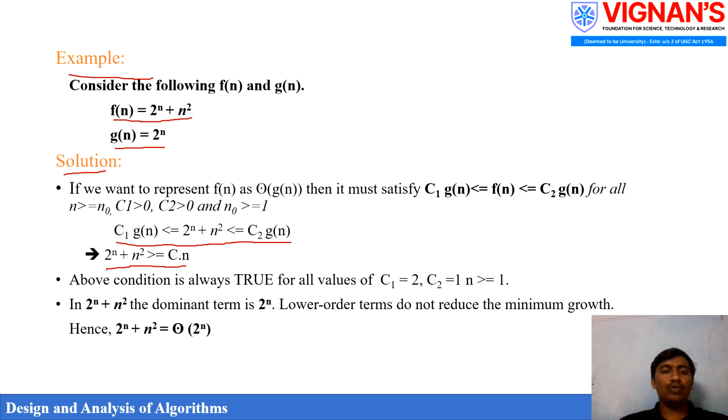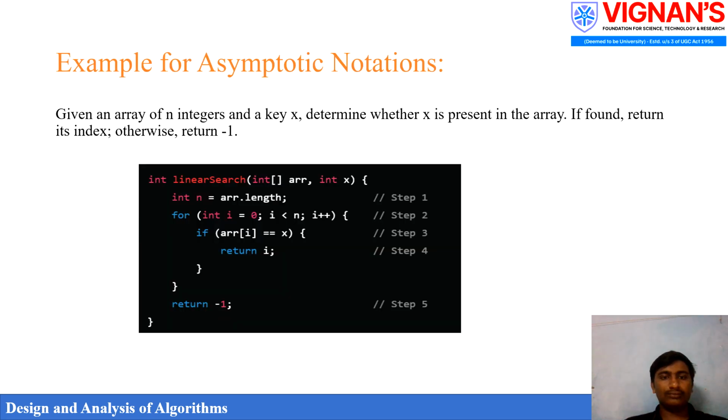We will get 2 power n plus n square greater than or equal to c into 2 power n. The above condition is always true for c1 equal to 2, c2 equal to 1 and n greater than or equal to 1. Hence, we get the time complexity is theta of 2 power n. This is the example of asymptotic notation.